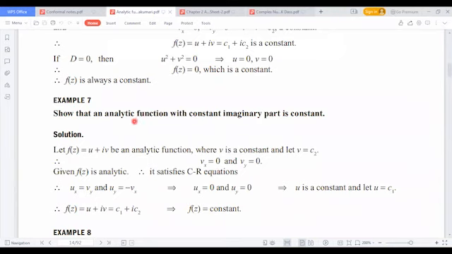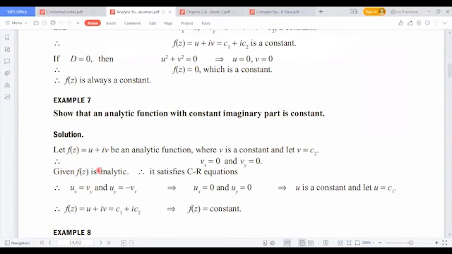Similarly, this theorem is also important for you: show that an analytic function with constant imaginary part is constant. Suppose f(z) equals u plus iv is an analytic function where v is constant. Let v equal c2, because the imaginary part is constant. Taking partial derivatives with respect to x, we get vx equals 0, and vy also equals 0 with respect to y.